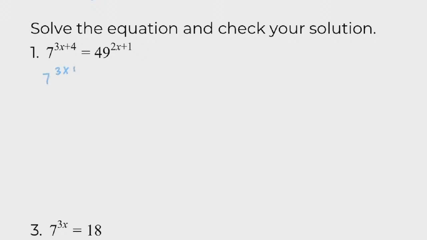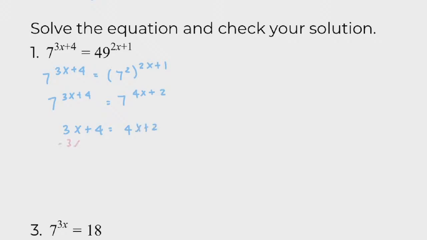So on the left, this won't change, and 49 is 7 squared. And on the right, we can distribute that too, so that'll be 7 to the 4x plus 2. Now, since the bases are the same, we can set the exponents equal to each other. So that'll be 3x plus 4 equals 4x plus 2.